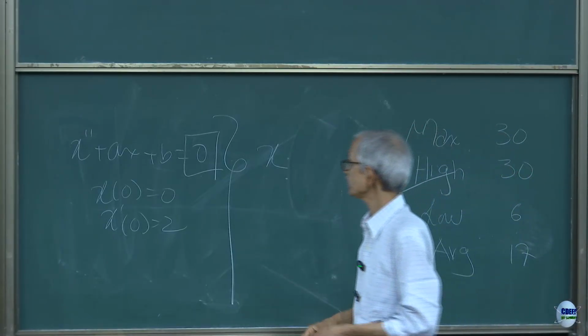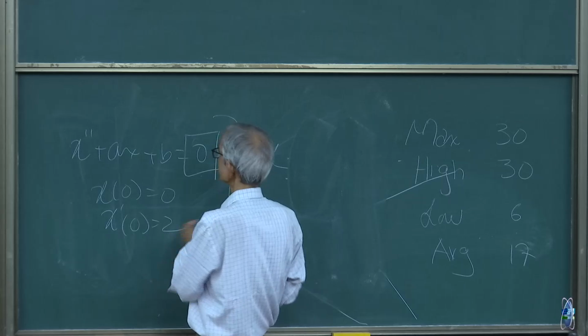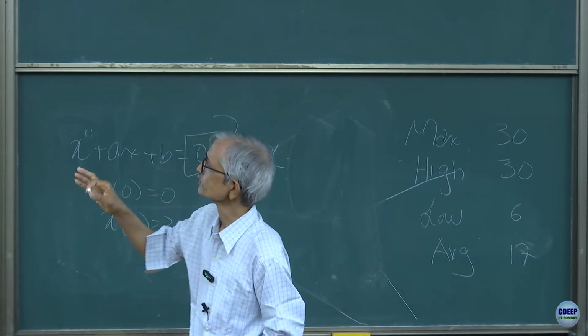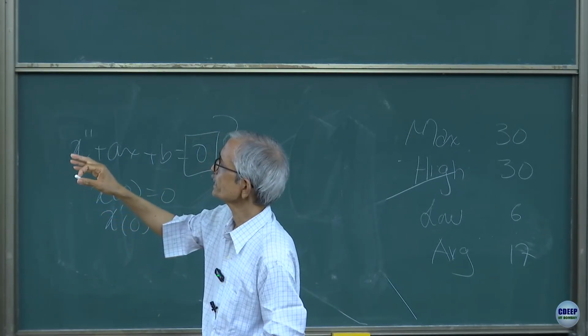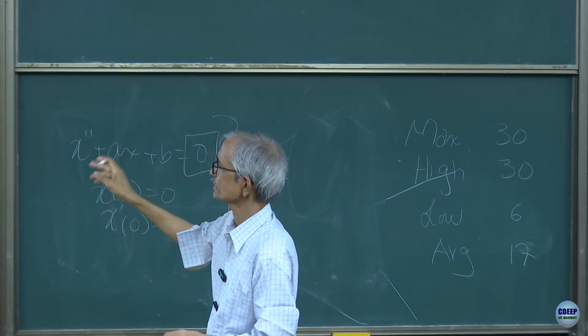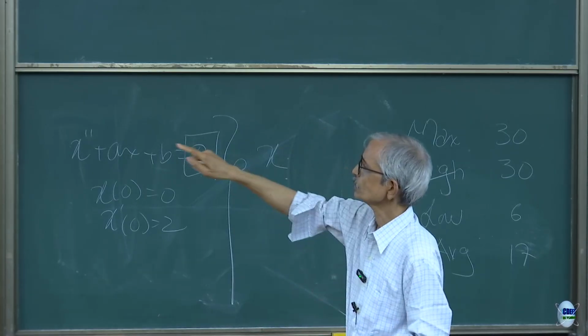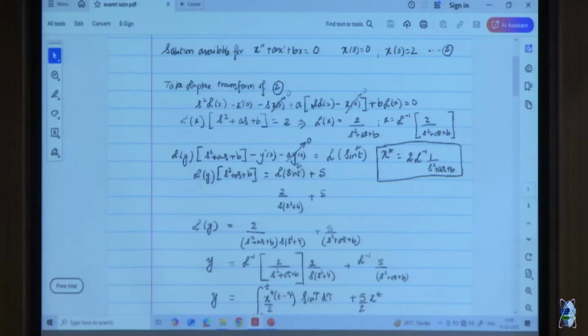Number two is that many of you, what you have done is, you have seen the other one, y double prime plus a times y prime plus b times y was equal to sine square of t, but the y0 was 0 and the y prime 0 was given equal to 5.